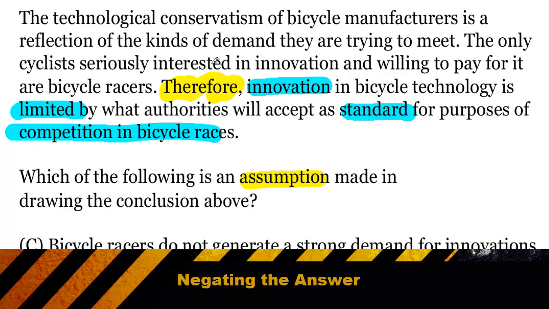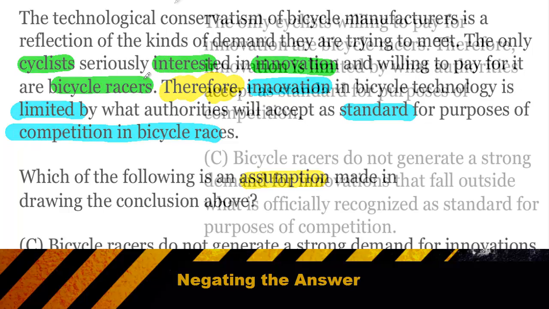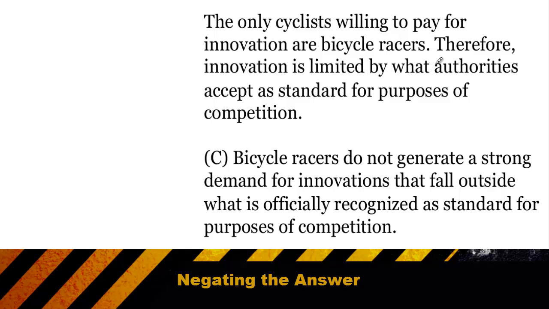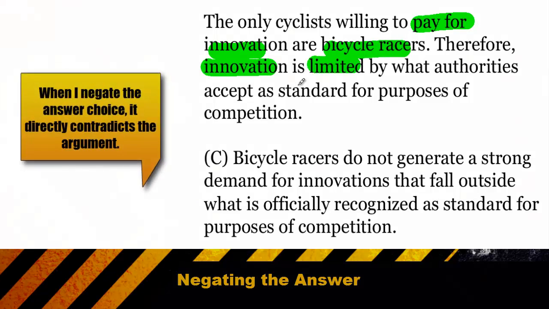And then I ask myself, why do they think that? In this case, it's because the only cyclists interested in innovation are bicycle racers. Now I can dramatically simplify my argument. The only people who pay for innovation are bicycle racers. Therefore, innovation is limited by what's standard for competition.